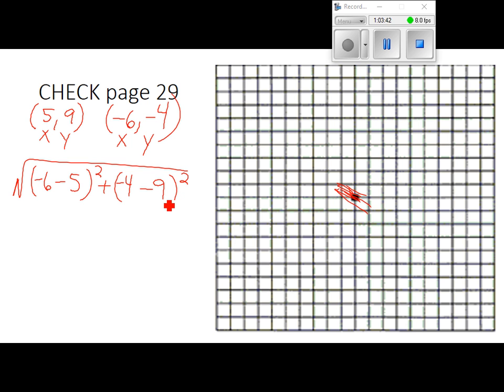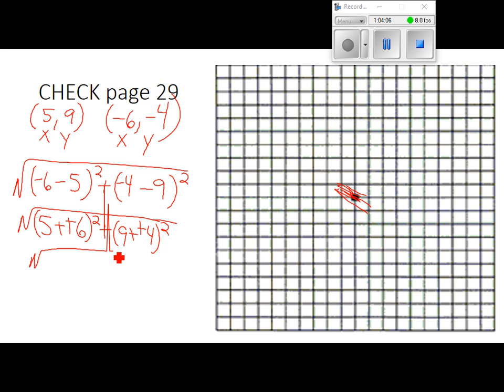The second one. So if I switch these around, and it said 5 minus a negative 6, and I switch these two around, and it said 9 minus a negative 4, what's going to happen there? Change the plus. You could type all that right into your calculator, then take the square root of it.